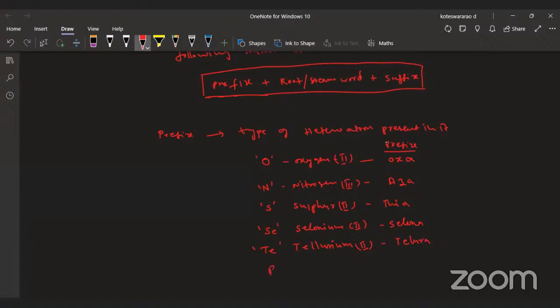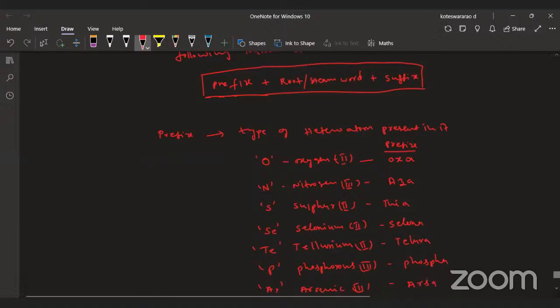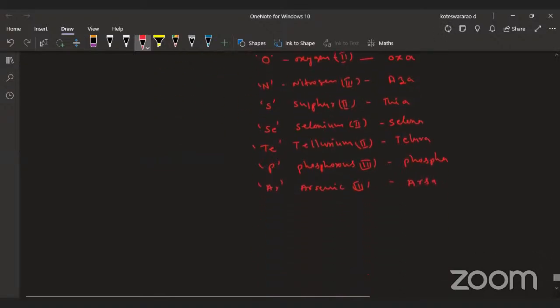Next, phosphorus, with valence 3, uses phospha. Arsenic, with valence 3, uses arsa.